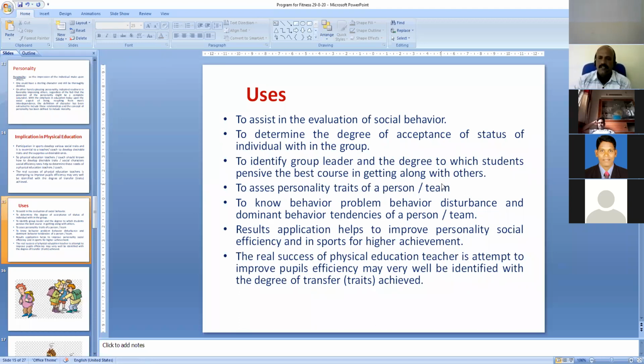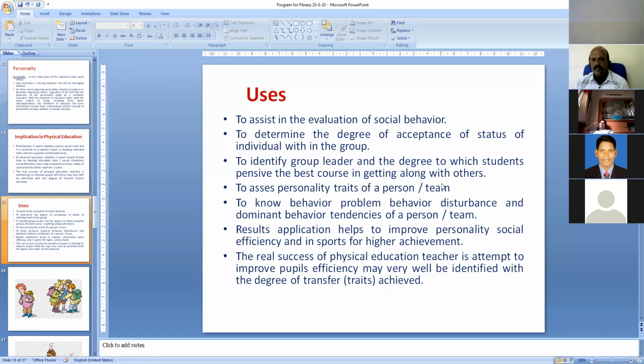When you are doing all these things, students have to be given chances to take up leadership and to develop these qualities. To assess the personality traits of a person or a team is very essential, so that the team performance would be better than before.